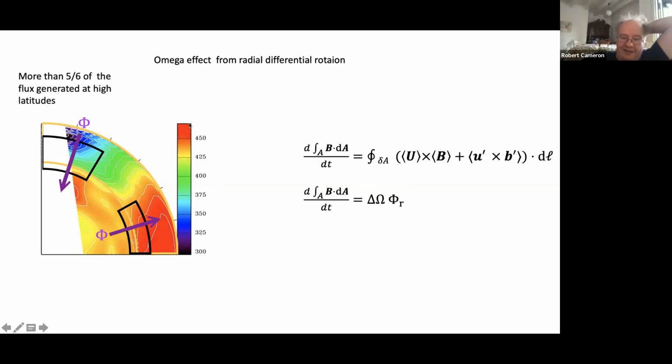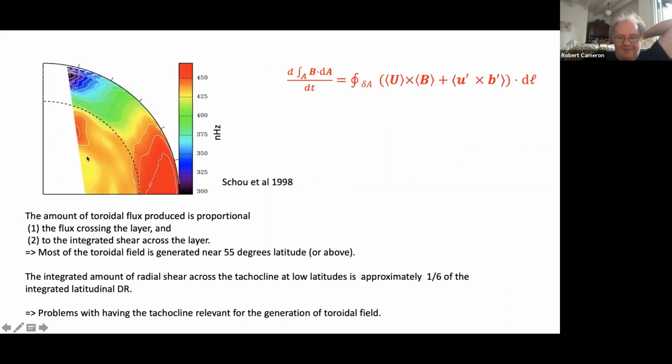So what you learn from this is if it's simply the field coming from the pole goes into the tachocline, comes out, I'm not quite sure what picture you have in mind, then most of the flux is going to be generated at high latitudes. So my conclusion here is that in any case, the flux produced.